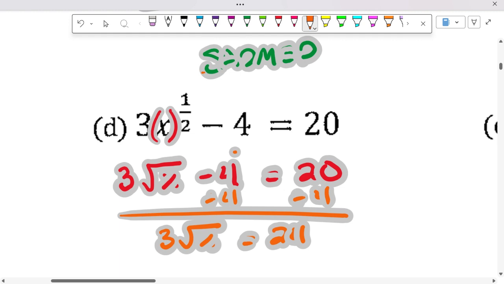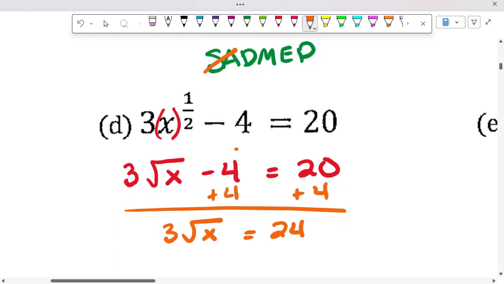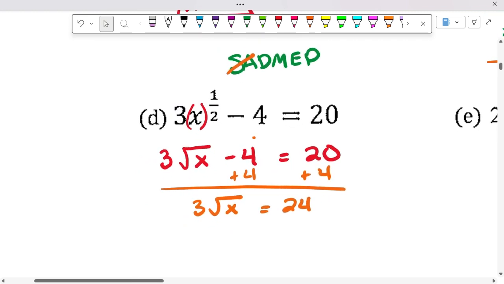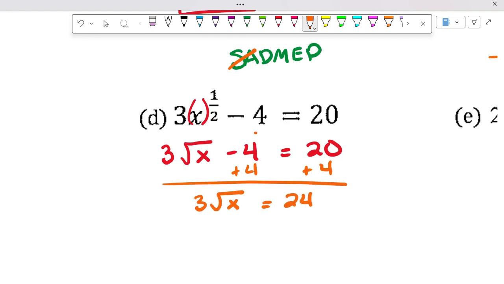So we took care of the SA part of SADMEP. What's next? Can't square yet, because what comes first? So squaring is exponents. What comes first, though? What comes before the exponent in SADMEP?